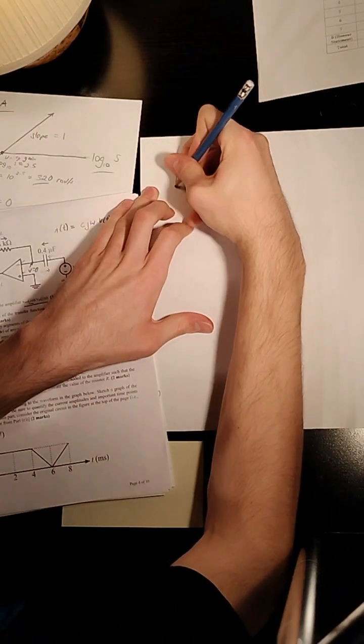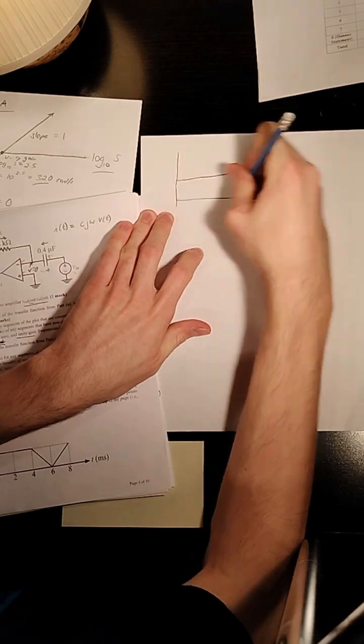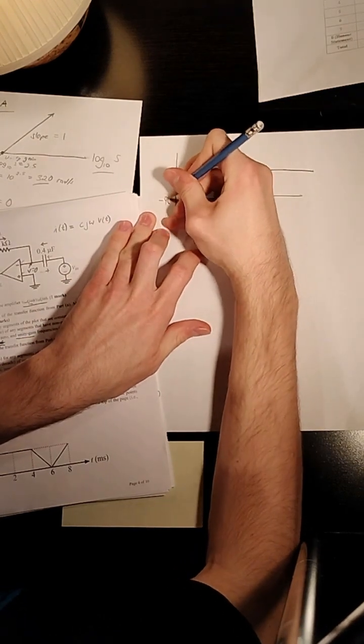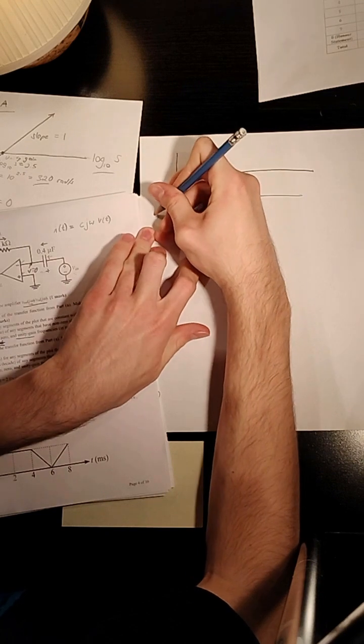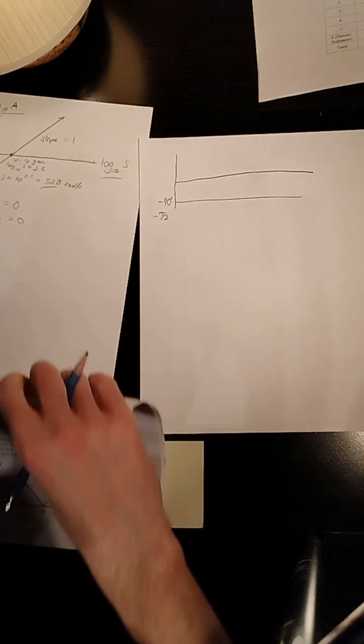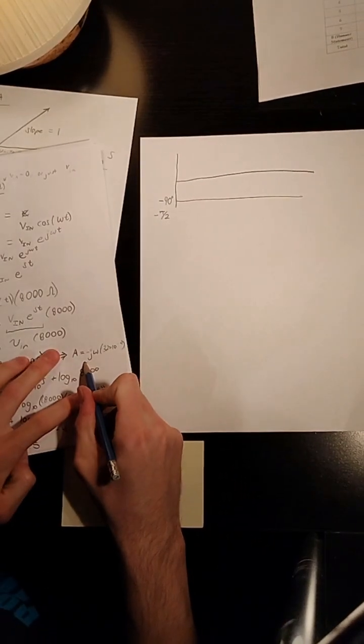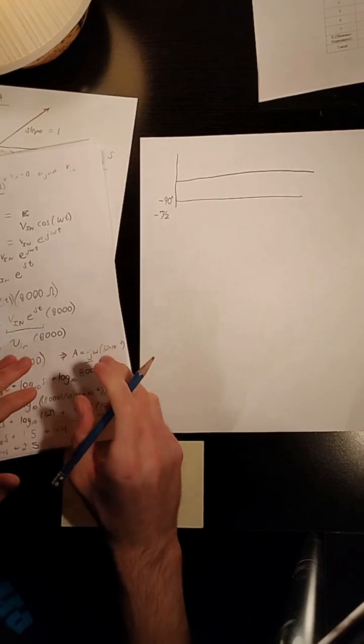So your Bode phase plot, pretty easy. It just looks like where this is negative 90 degrees, or I guess negative pi by 2. And I get that from the fact that your gain has phase negative pi by 2.